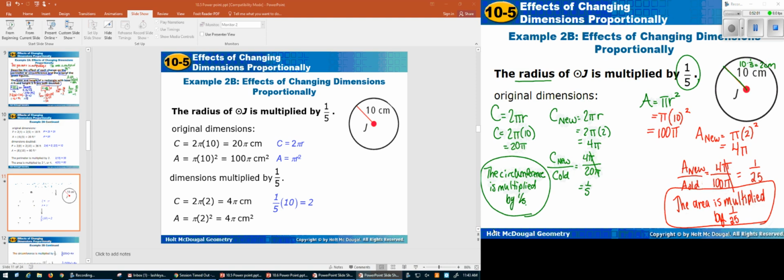The area is multiplied by whatever the number is, or the area is multiplied by that number squared. And you don't have to show me any work on your homework if you can use the shortcuts. Okay, if you get confused and you're not sure and you want to check it, go back, work them out, divide new by old, and check and see what is my answer. Is this making sense? Okay, let's try some problems again next.